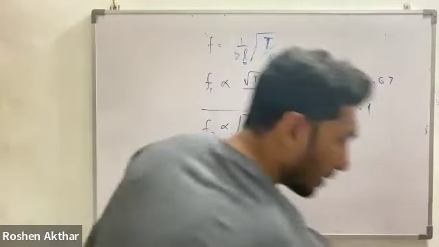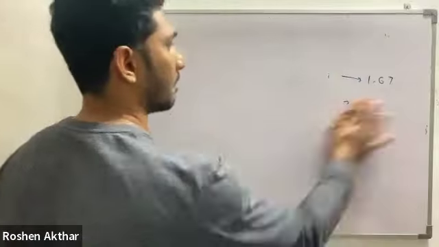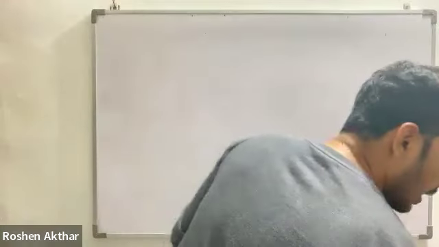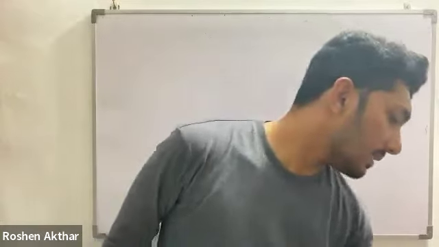Then the 15th question. A biconvex lens of focal length 30 centimeters is divided into two equal parts made into two plane convex lenses. It's not in the syllabus, but they have divided. So what will happen to the focal length?